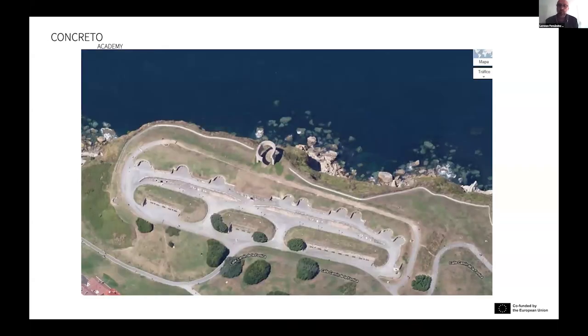Okay, going to Gijón. This is a sculpture near the sea. It's in a very prominent position. It's a landmark looking to the sea, and it's an ancient battery for defense.